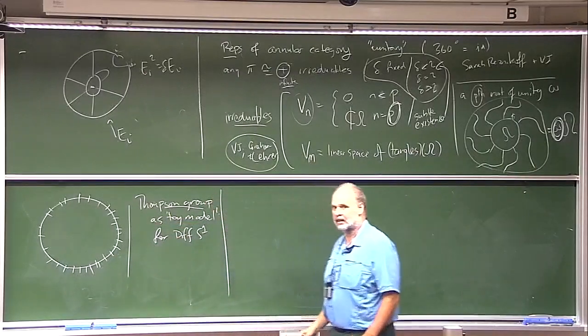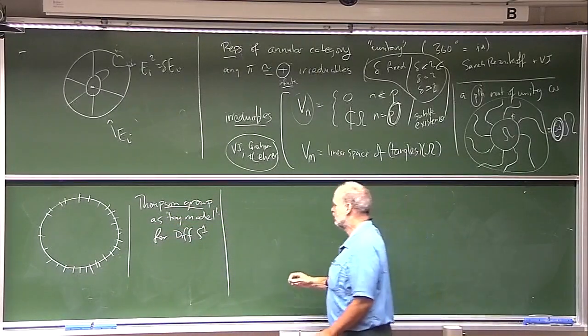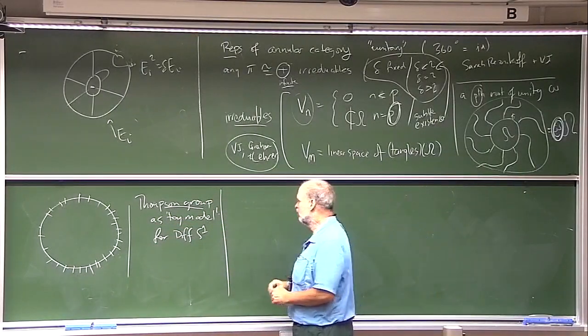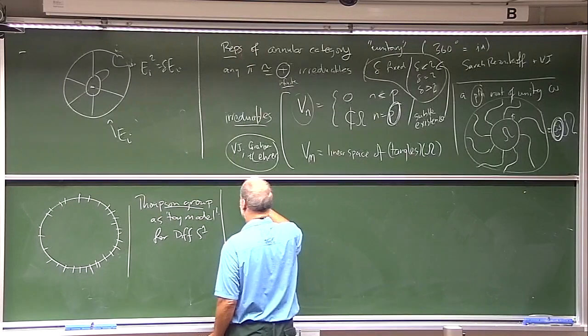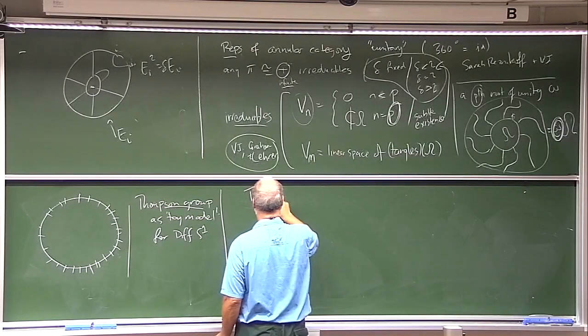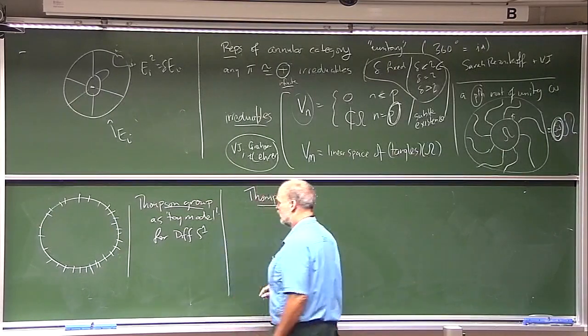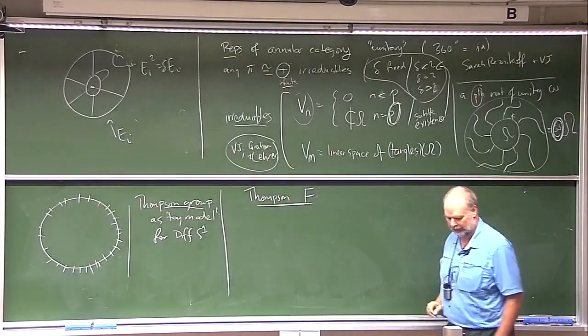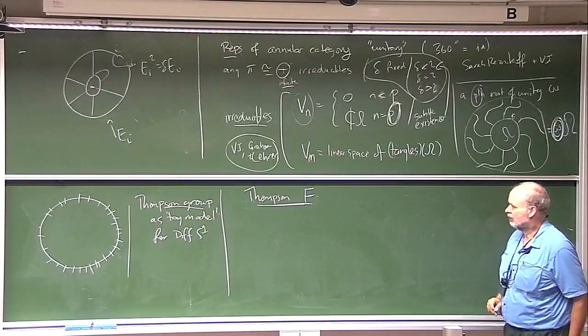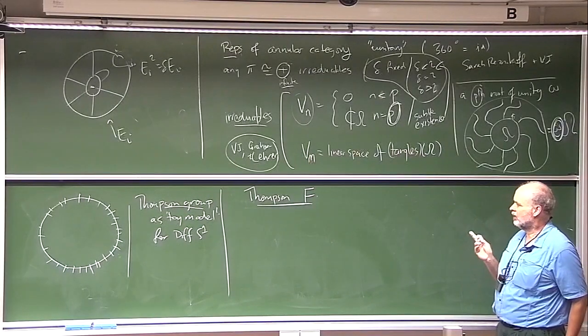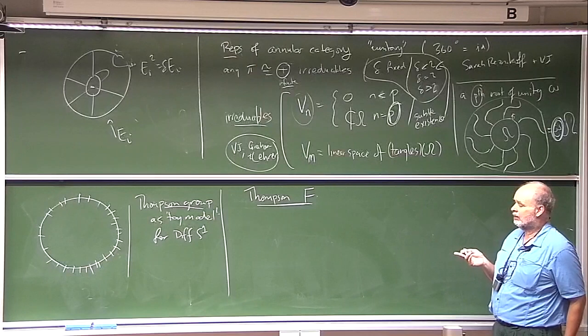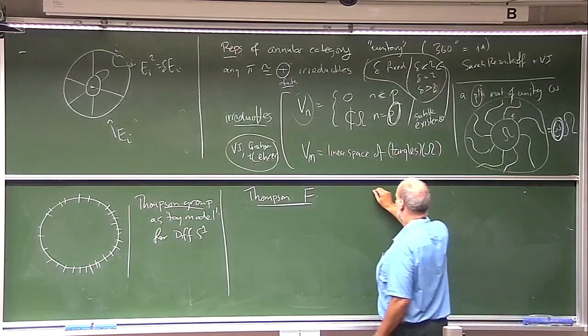So in order to start this, I have to tell you what the Thompson group is. Since probably most of you haven't seen it before, let me define the Thompson group. There's two Thompson groups, F and S. Define Thompson group F. This is Richard Thompson, not the field medalist guy. His group F is a version for the interval.